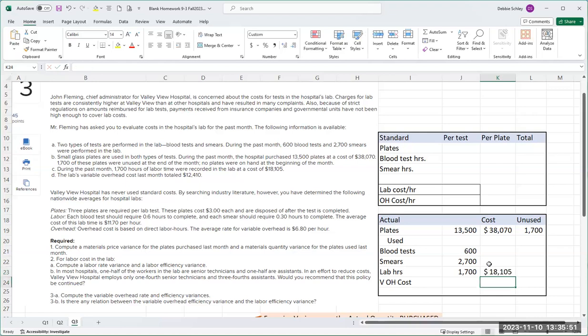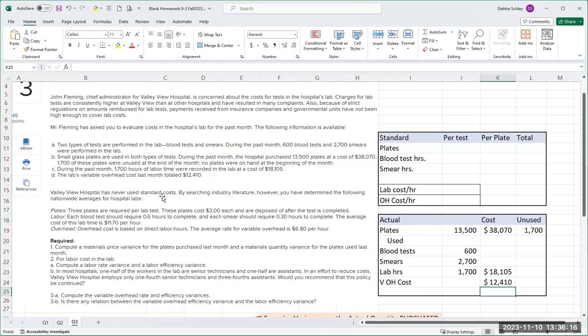No typos allowed here, or I'll get the wrong answer. And E, the lab's variable overhead costs last month totaled $12,410. Okay, that's all of those numbers.